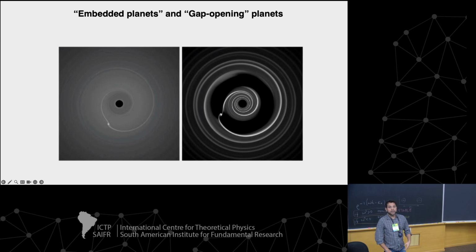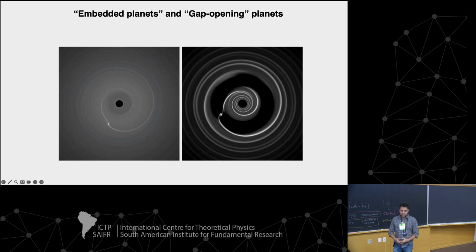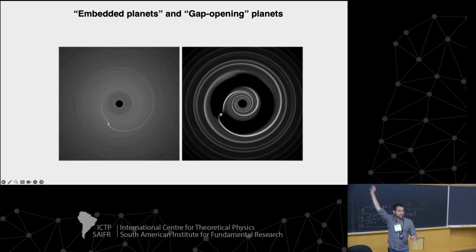To explain rogue planets, probably you would need planet-planet scattering, like three-body interactions. You have two massive planets. If they get very close, one of them can slingshot the other planet. So you would need very massive planets, but in principle, that's possible.